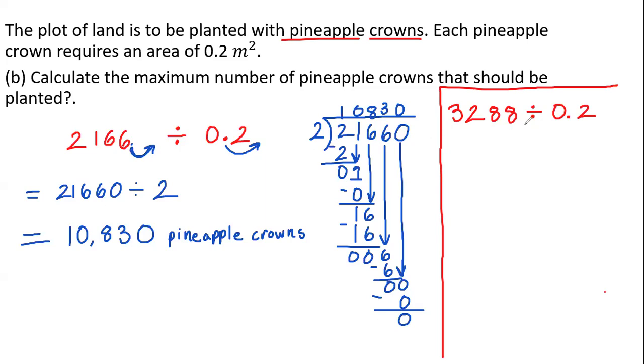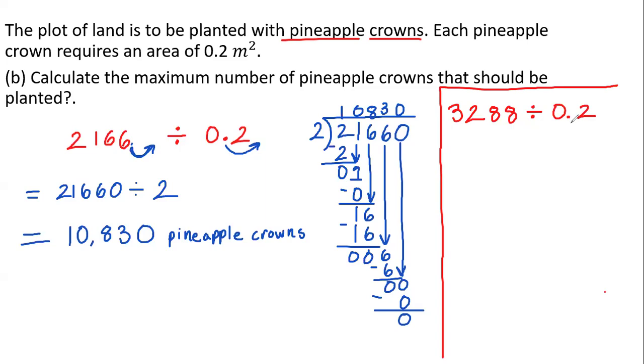So we have 3288 divided by 0.2, and our goal is to figure out how to divide it. So let's go ahead and do that. What's the first thing we're gonna do?